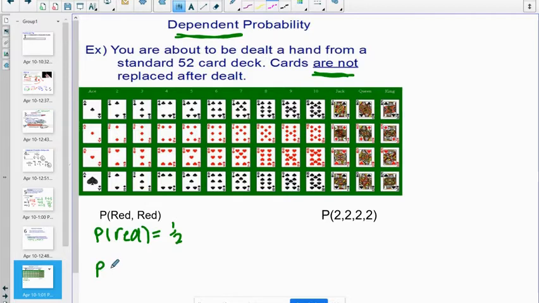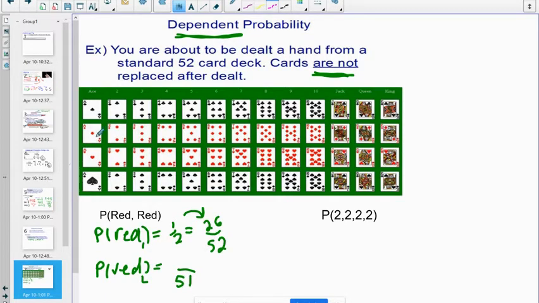And then we have probability of red on the second card. Since we've already picked out a red card, here I'll do 26 over 52. This was before I reduced it to 1/2, but 26 over 52 is the same as 1/2. Now, since I didn't replace it, there's one less card.